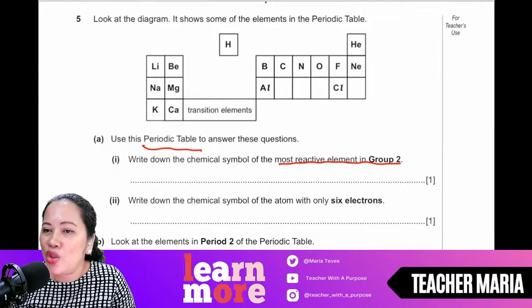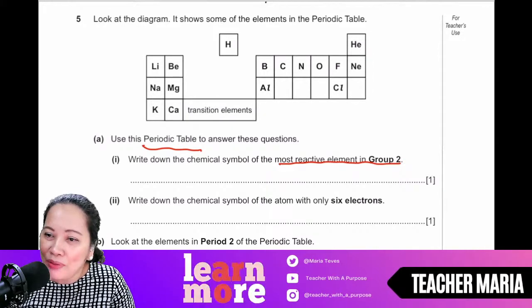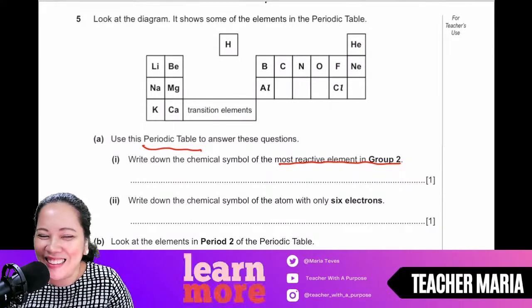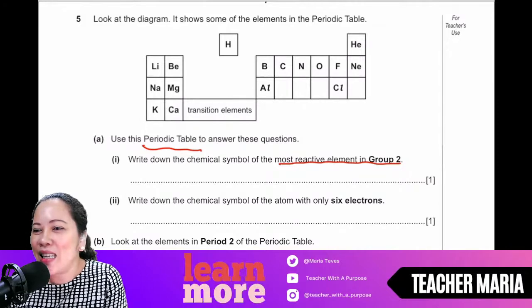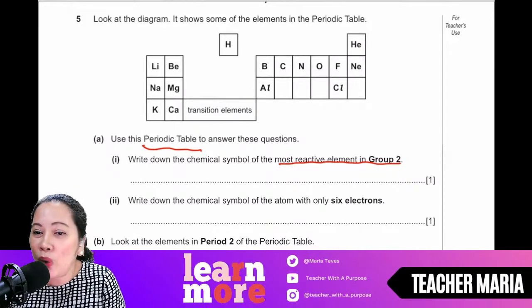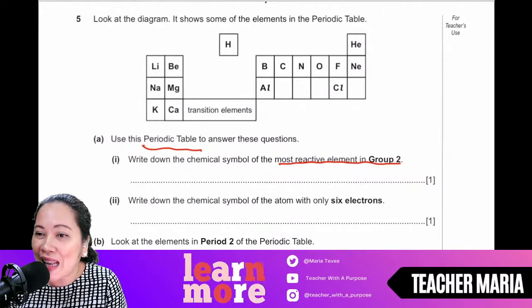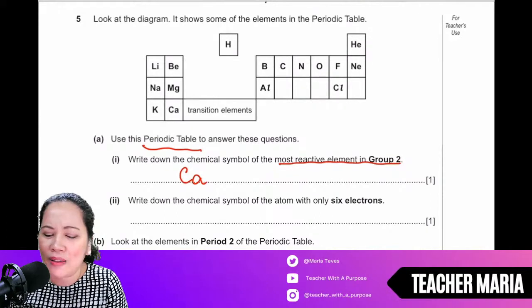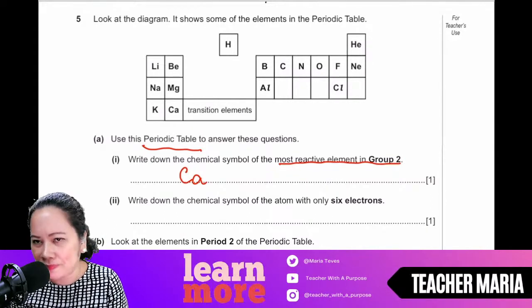Remember, as you go down the same family, as you go left to right of the same row, what would happen to your reactivity? Ca, yes. You are right. Well done, Stefan. Yes, it's calcium.